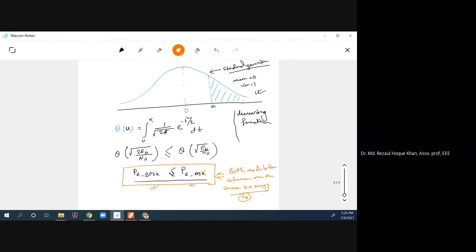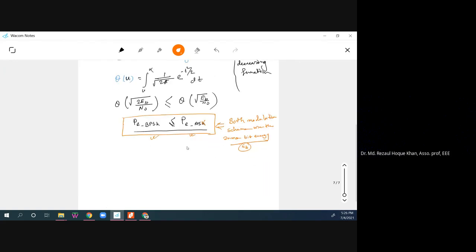Now, how much improvement can we have by this mechanism? Let's see. Let's rewrite this equation.